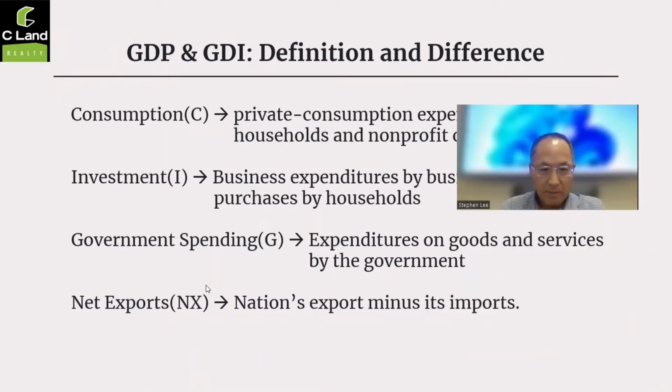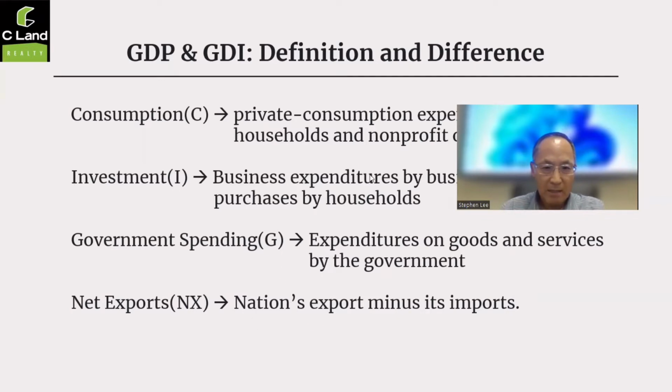And government spending, of course, stands by G, the expenditure on goods and services by government, of course. Government is a huge spending machine. And as I said, net export, we call it NX, is the nation's export minus its imports.